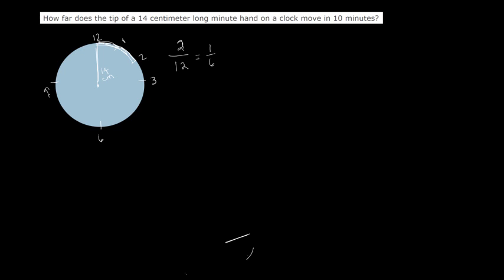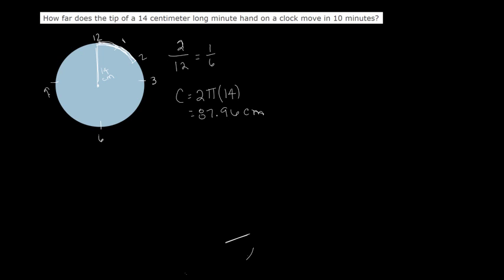Now, to know how far this distance is, first I've got to know the whole distance. The circumference of this circle is 2 times pi times the radius of 14. When I do 2 times pi times 14 in my calculator, I come up with a circumference of 87.96 centimeters.